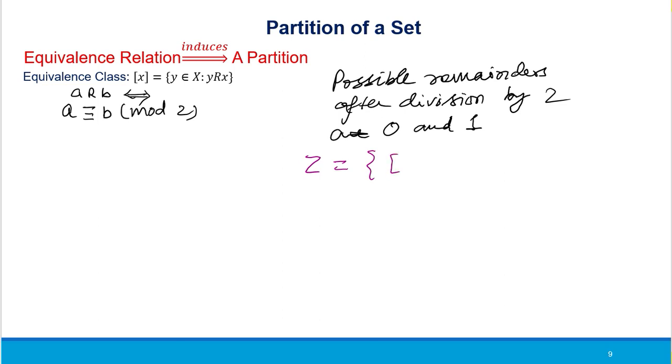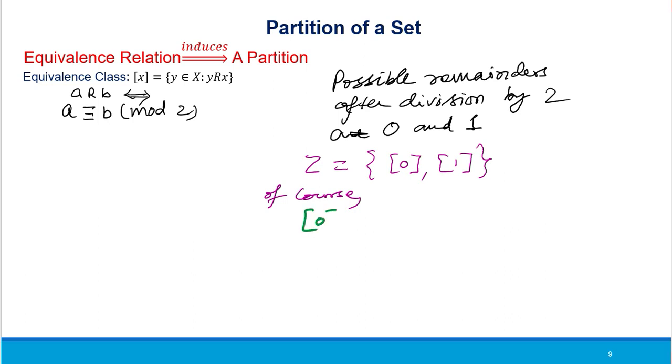And therefore, the whole set Z can be partitioned into two equivalence classes, 0 and 1. Isn't it surprising? The whole set of integers is now put into just two boxes. One is represented by 0 and the other is represented by 1. Of course, what is our 0?